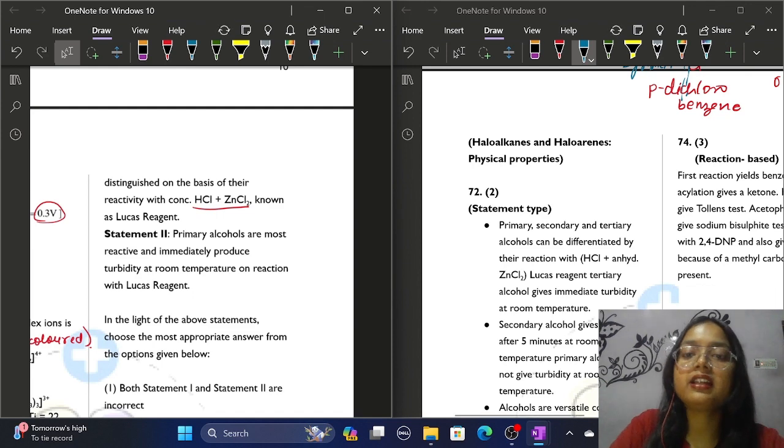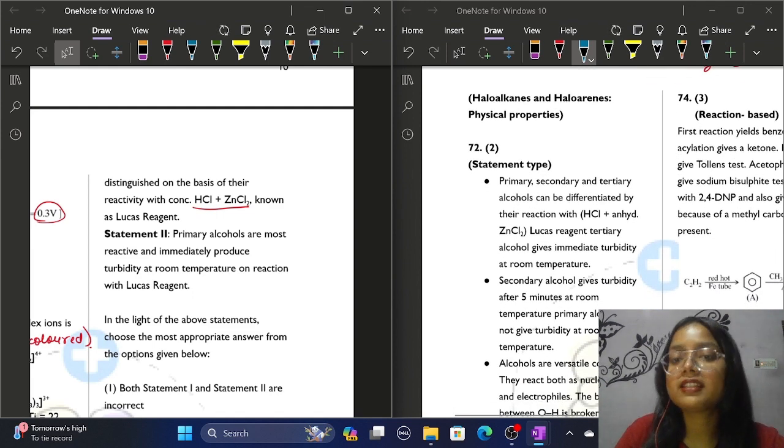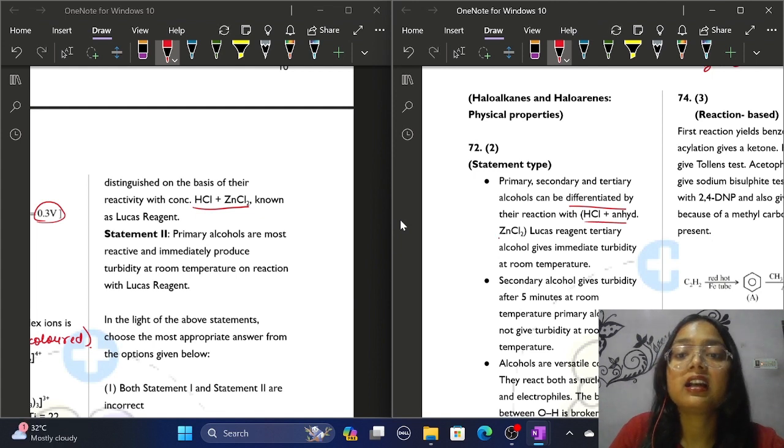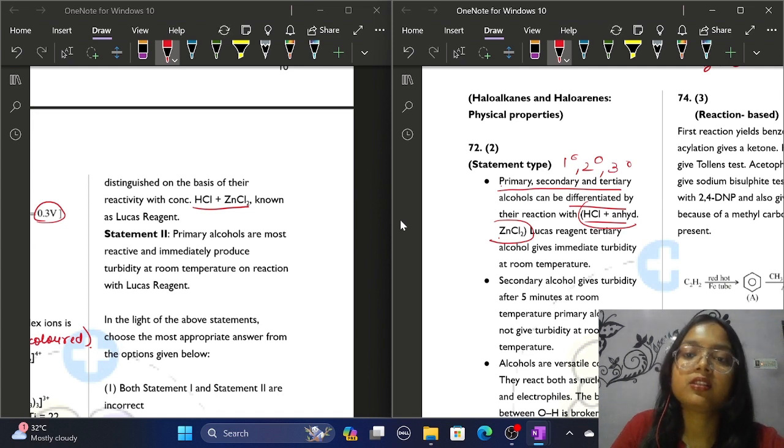So what is the Lucas test? It is used to distinguish between primary, secondary and tertiary alcohols. The reagent is HCl and anhydrous ZnCl2, used as Lucas reagent.